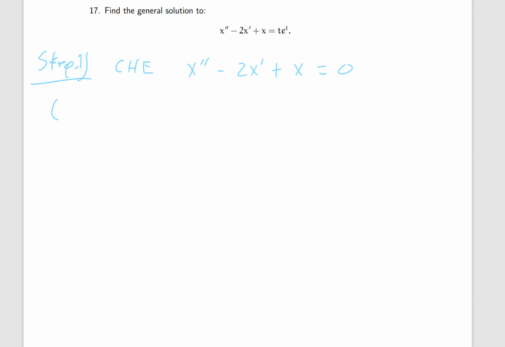And remember, we look at the characteristic polynomial, r squared minus 2r plus 1. And notice this is just (r minus 1) squared. And so the general solution to the corresponding homogeneous equation is xh of t, the h just means homogeneous, equal to c1 e to the t plus c2 t e to the t.